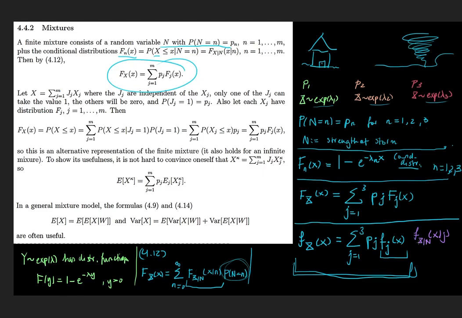Other cases where we use mixtures can be, for example, with car insurance, where depending on who is driving the car, the distribution that tells us how much damage will be done to the car, if there is damage, will vary.